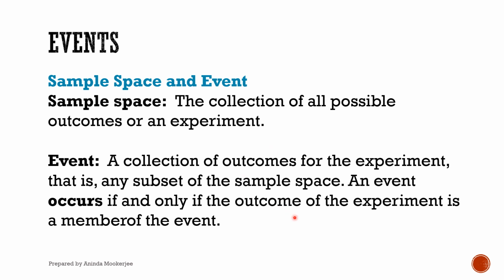All right, so we shouldn't have to spend too much time on understanding that. But sample space, since you may not be familiar with that term, represents all possible outcomes from an experiment.